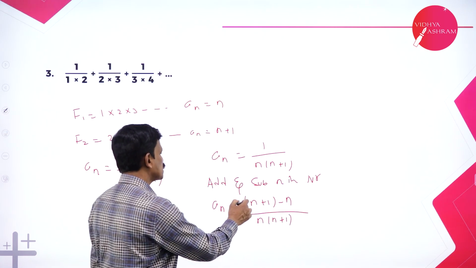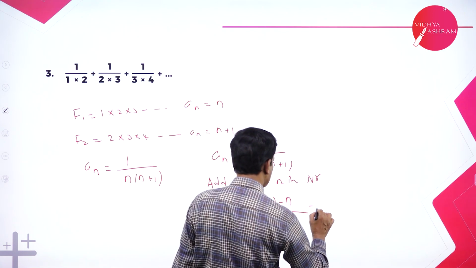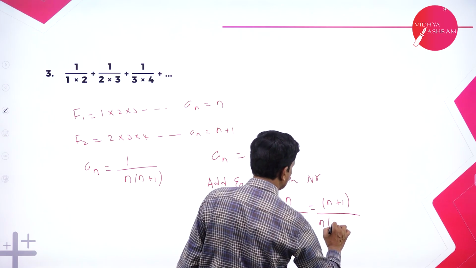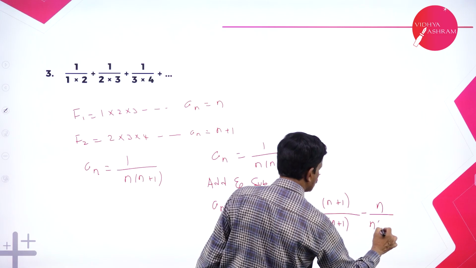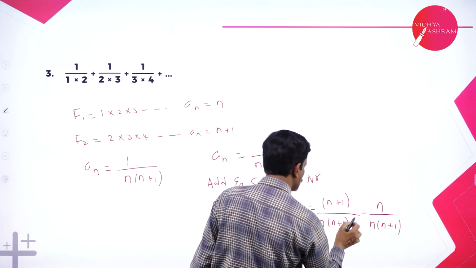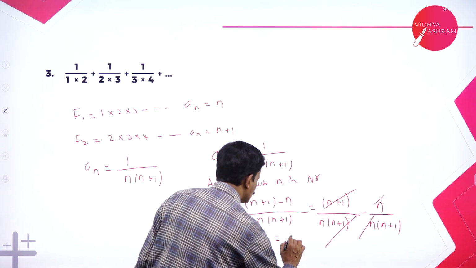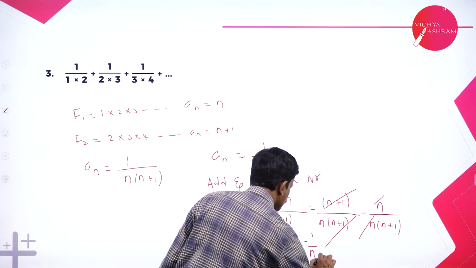See, plus n minus n gets cancelled, and you will get the same. Now term by term division: n plus 1 divided by n into n plus 1, minus the second term, n divided by n into n plus 1. So, in n plus 1, n and n get cancelled. What is left over is 1 over n minus 1 over n plus 1.